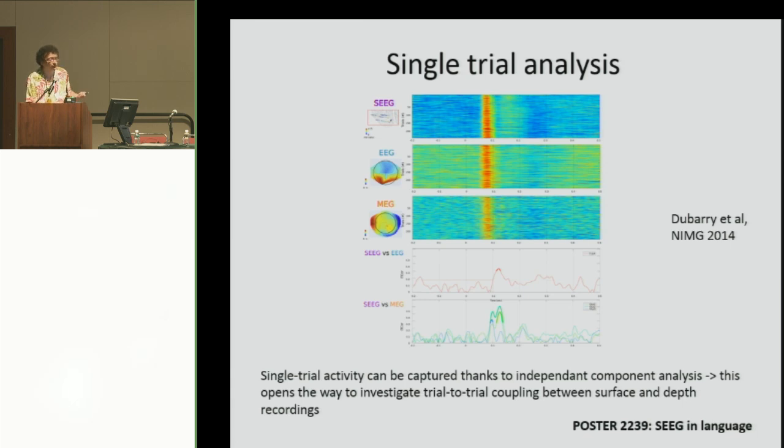That means we now have a tool to study the links between depth and surface at the single trial level. And Anne-Sophie has a poster on the continuation of this topic on SEEG in a language protocol.